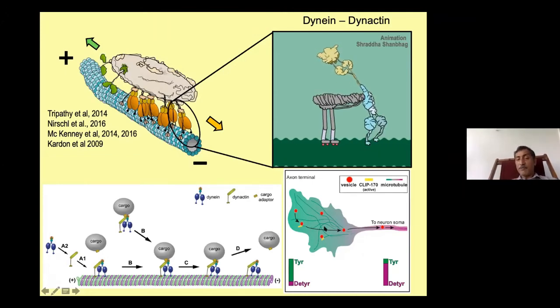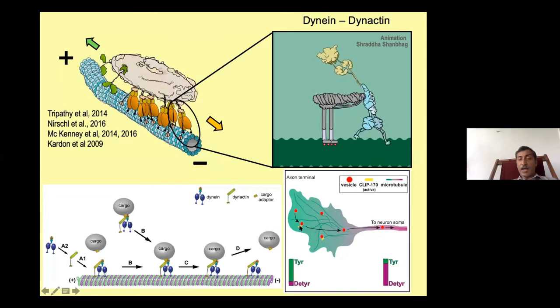So you have these microtubules that I showed you earlier. They can be tyrosinated, which is basically addition of a chemical group, or not tyrosinated, and this tyrosinated versus detyrosinated state is different in different parts of the cell. So the nucleus of the cell would be somewhere here, and this is the periphery of the cell. You can see that when you go towards the periphery, you're tyrosinated, and when you go in, you are less so.